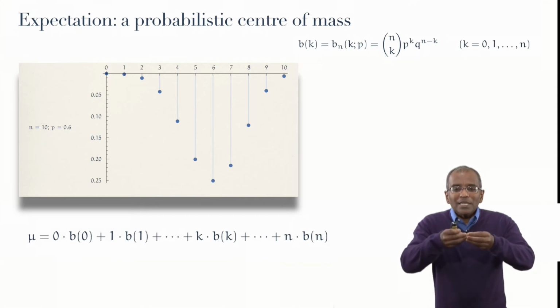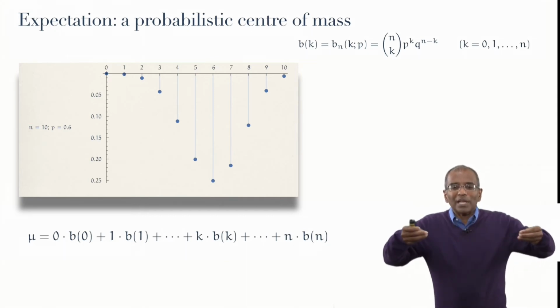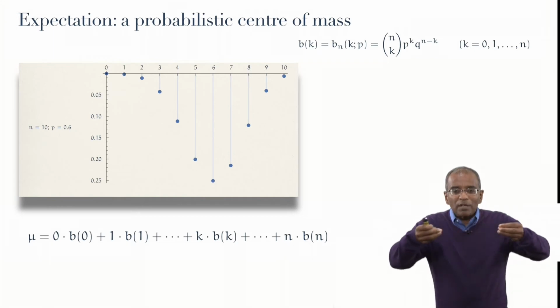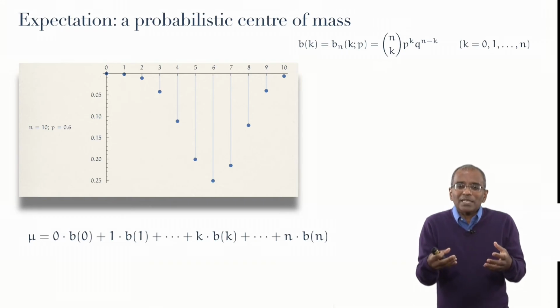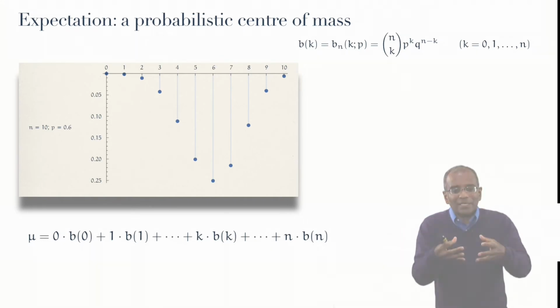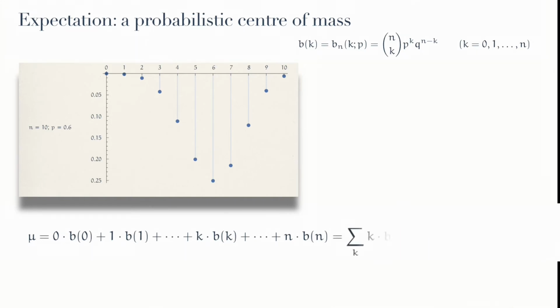Now, it is comforting to write a long sum like this down because it makes transparent exactly what each element contributes. But when one does an analysis, it is convenient to compact this using summation notation and write it simply in the form as a summation over an index k, which varies in this case between 0 and n, of quantities of the type k times b of k.